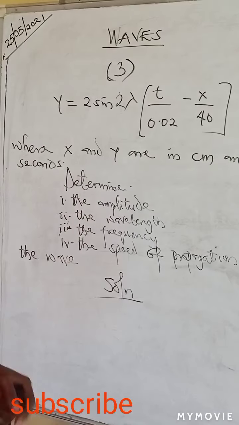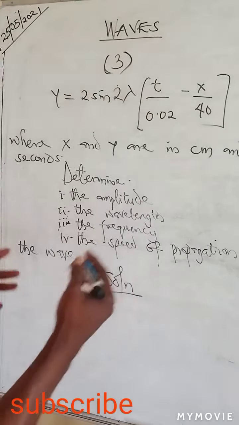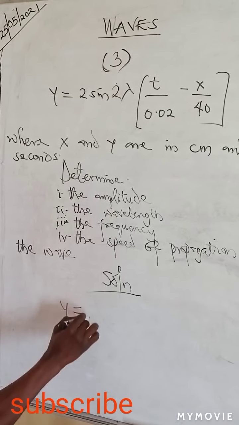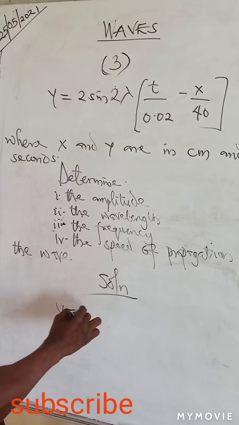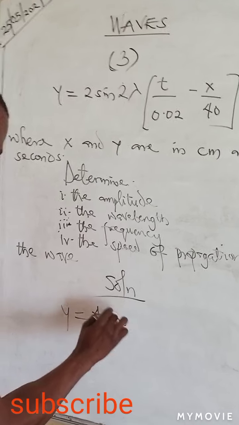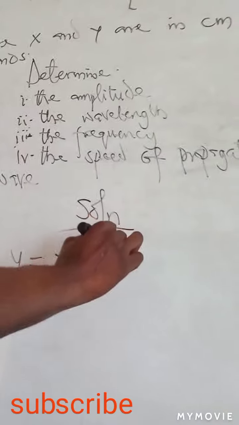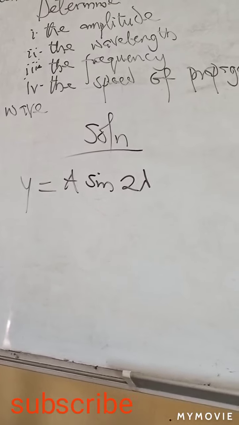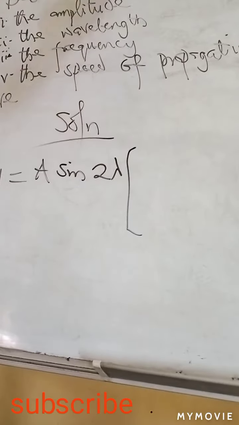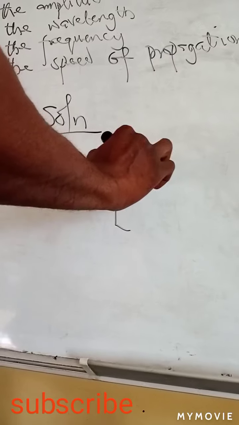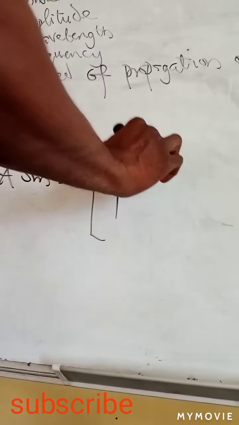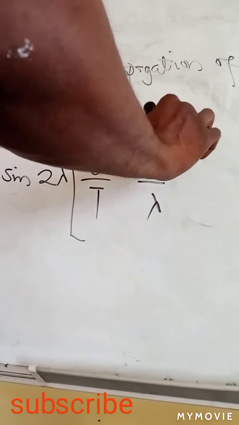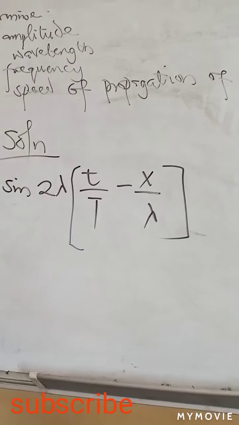The general equation that correlates with this is y equals a sine 2 pi, open bracket, t all over T minus x all over wavelength, bracket close.